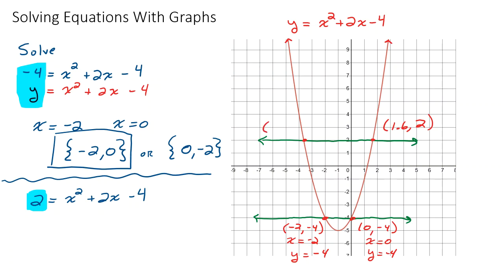And over here, it looks like maybe negative 3.6. So I'm going to say my solutions are approximately negative 3.6 and 1.6. And I can guarantee that they are not exactly those numbers, but using the graph gives us a good way to approximate the solutions as well.